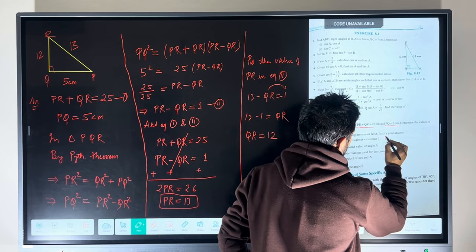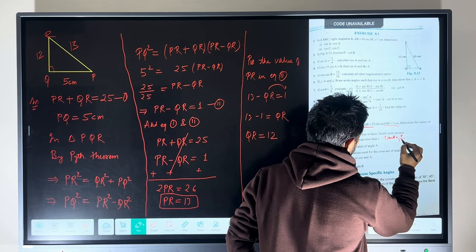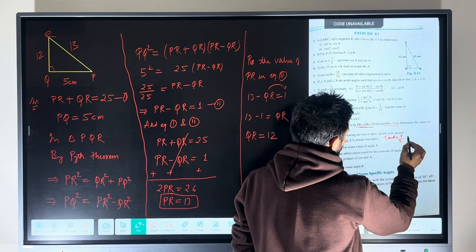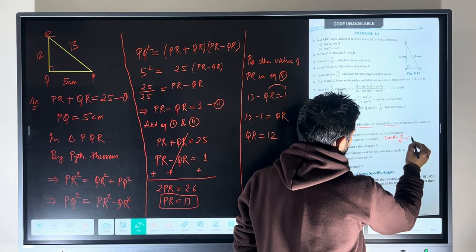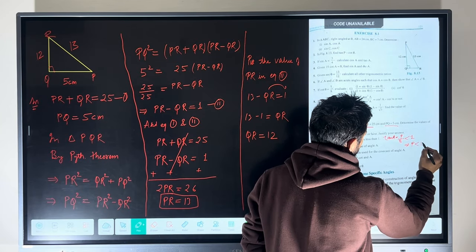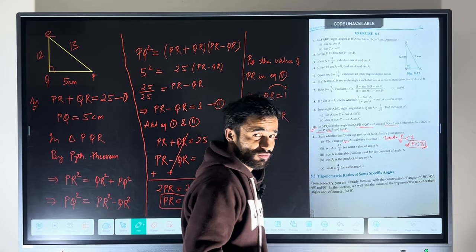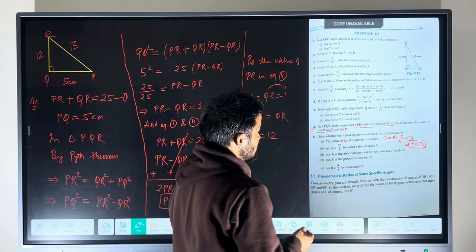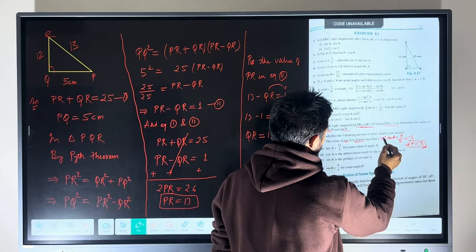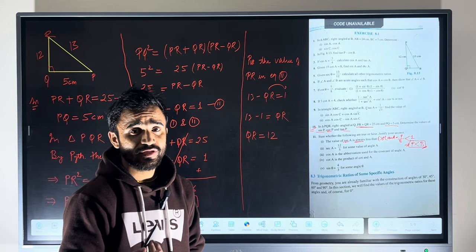Now we know tan A is equal to perpendicular upon base, so tan A less than 1 means perpendicular is less than base. Is it true? Might be or might not be. So this statement is wrong, because perpendicular can be greater than base.